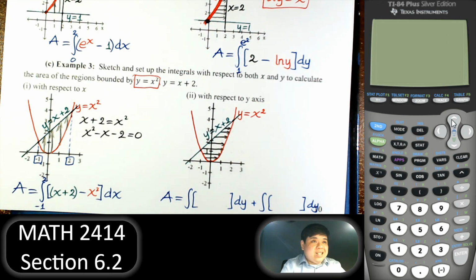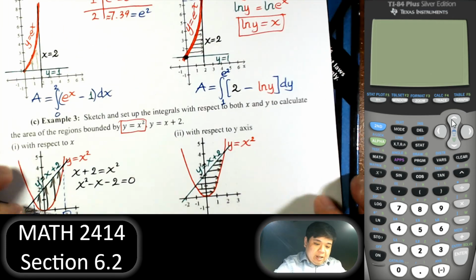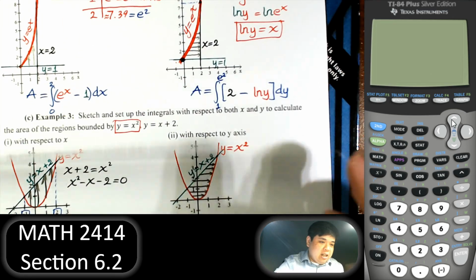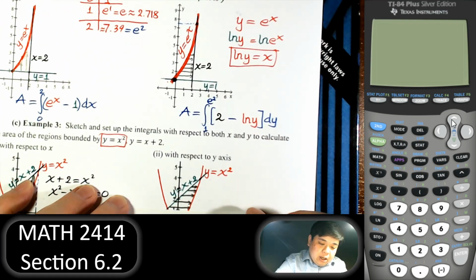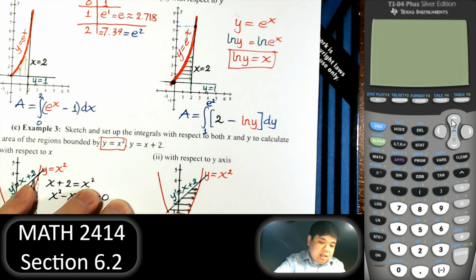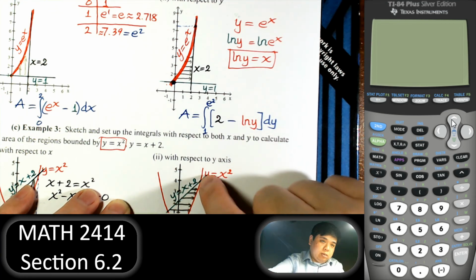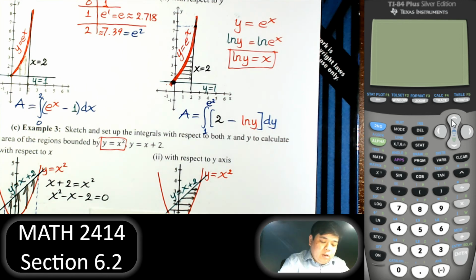So where do we split? Well, we'll split right here. Because from here, it has the integral from x plus 2 and then x squared.